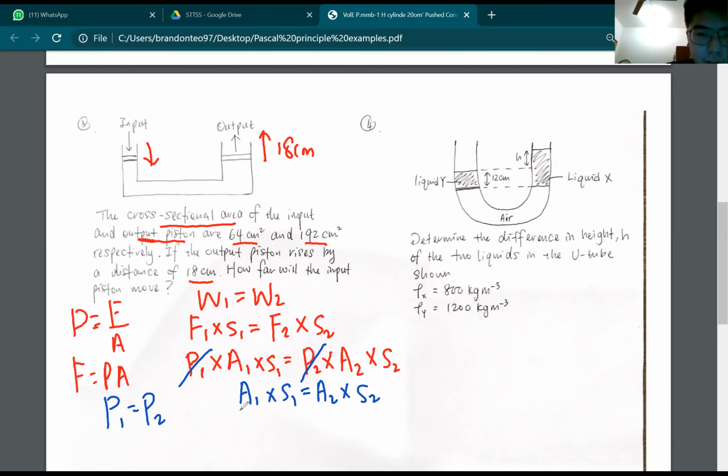So A1, you put in the formula, right? A1 is 64 cm square, 换去 m square 就是乘4跑减4，这是 area，然后 distance 就是 distance we don't know, right? We want to calculate this one, distance equals to A2 is 192 times 10 to the power negative 4, and then I times 0.18 meter.